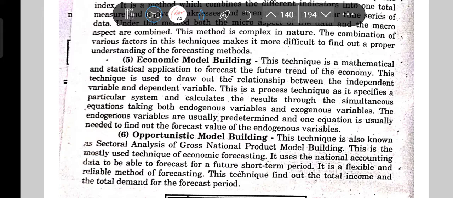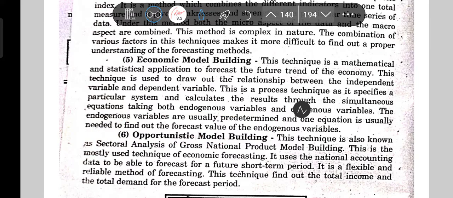So you should remember that it talks about the interdependence of the variables, dependent and independent, and how they are related. Interdependence related things are talked about in the input-output index. Do remember this. Now comes opportunistic model building.